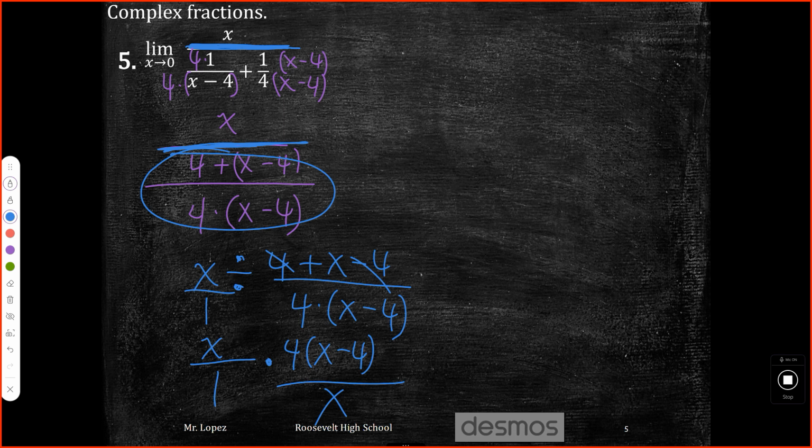Now x cancels with x, and so this gives us now a limit as x approaches 0 of 4 times x minus 4, which once you substitute it in, you get negative 16.